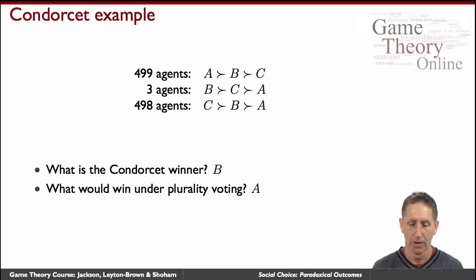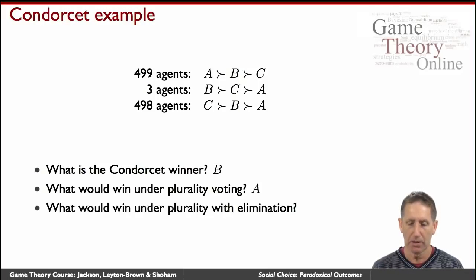What about plurality with elimination? This might take a little more time to think about, so you might want to pause the video here just for a second. And now when you think about it, you see that C would be the winner under plurality with elimination. And why is that?